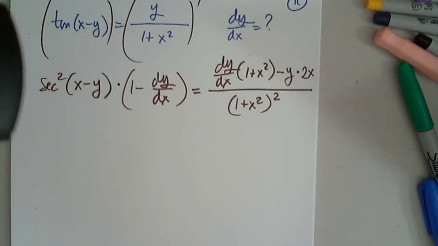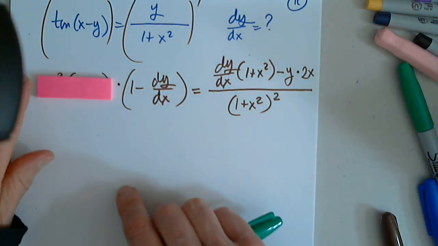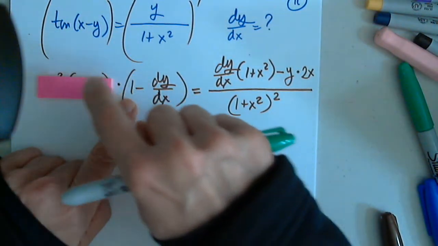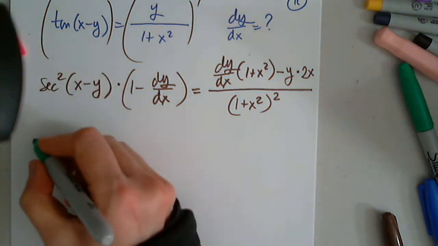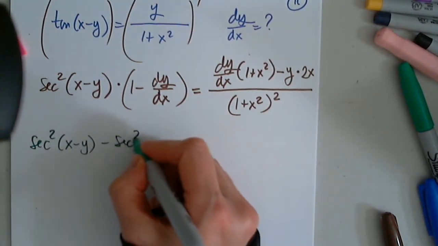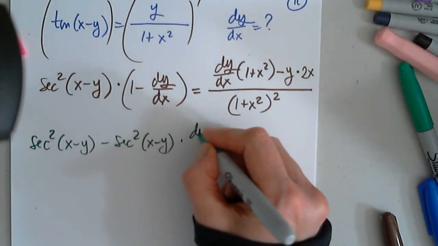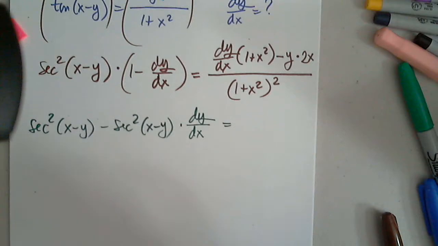Now, this is messy. Here is why. First of all, this is an expression that needs to be distributed to these two terms, to 1 and to the other. So, secant squared of x minus y minus secant squared of x minus y times dy over dx. I'm going to write below because I know I'm not going to have room.